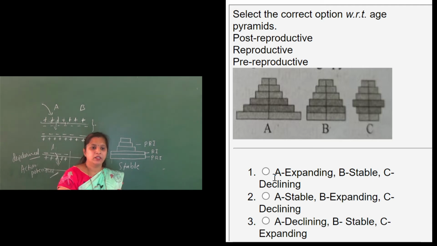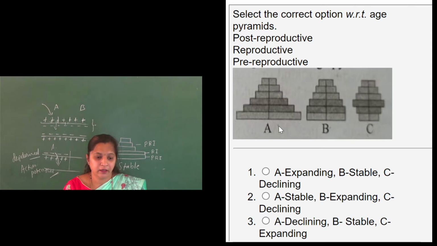See, the first age pyramid is a triangular age pyramid. In the triangular age pyramid, the pre-reproductive individuals are more, the reproductive age individuals are moderate, and the post-reproductive individuals are comparatively fewer in number.